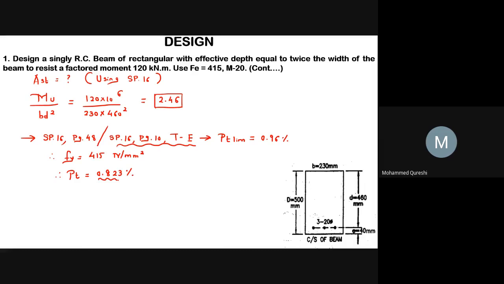You can take any of the two values. Both values are near about to each other.